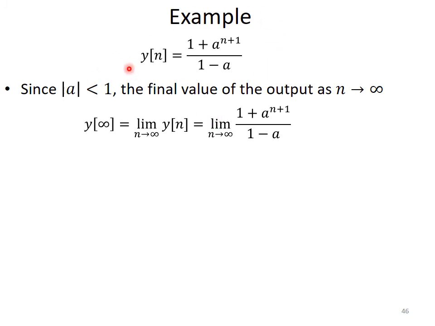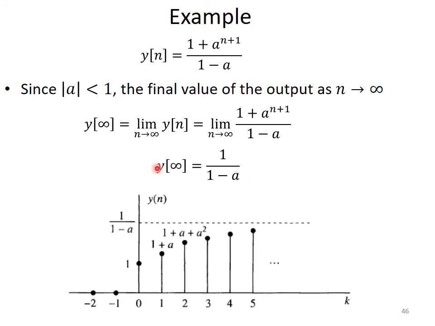The final value of the output sequence y of n can be calculated by using the final value theorem. Final value theorem means when n tends to infinity. Remember, the magnitude of a is less than 1. So y of infinity can be calculated as the limit as n tends to infinity of this function, the output sequence.